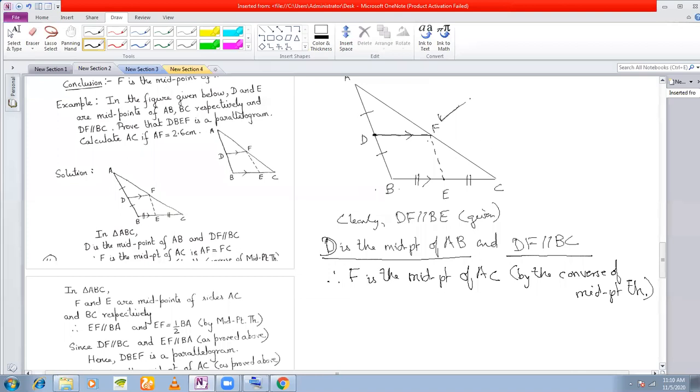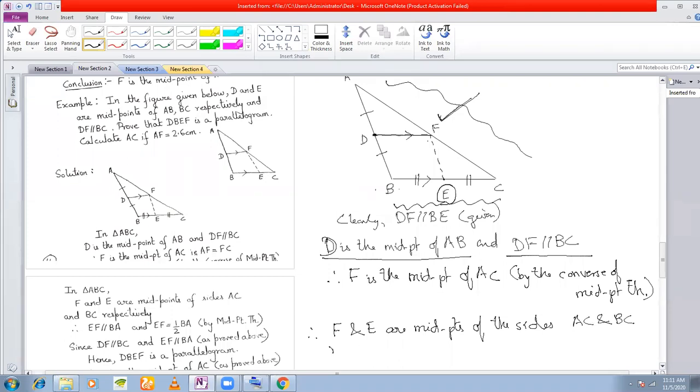Next, once I've shown that F is the midpoint, consider F as the midpoint of the side AC. And also it is given that E is the midpoint of the side BC. So F and E are midpoints of the sides AC and BC respectively.